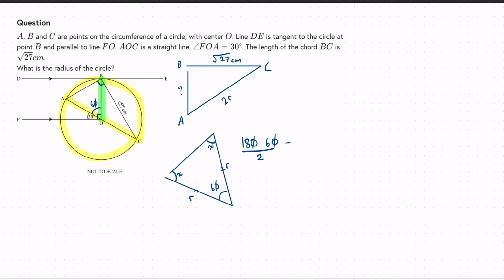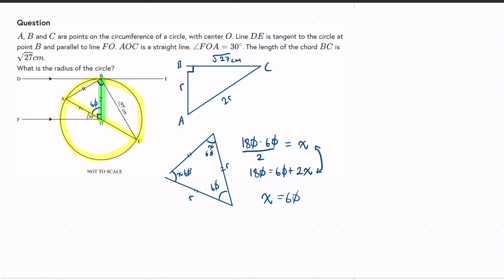Let's do that a different way. 180 is equal to 60 plus 2 lots of x. Okay, and you can see how these two join up. Well, 180 minus 60 is 120 divided by 2, x equals 60. And if all of these are the same size angle, that means that it's an equilateral triangle. So this distance here is also the radius. What does that mean? Well, that corresponds to this here.